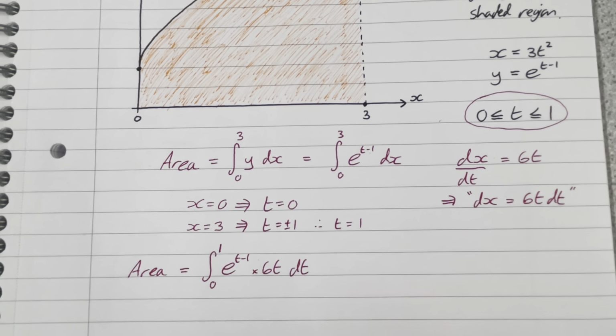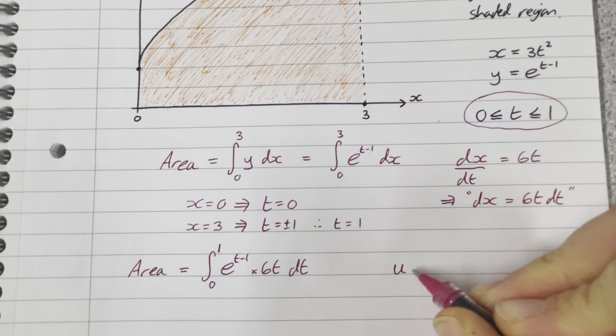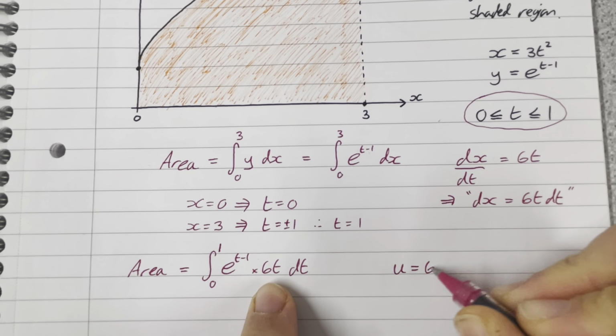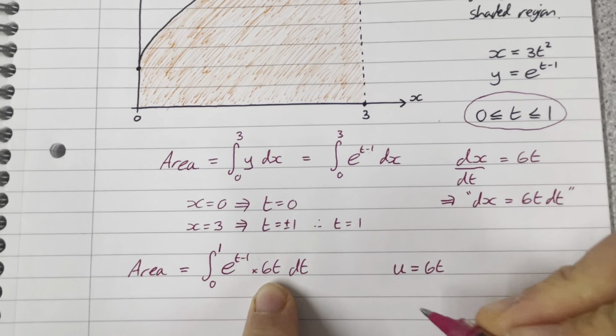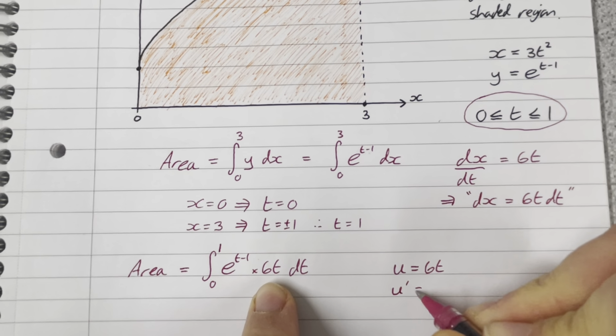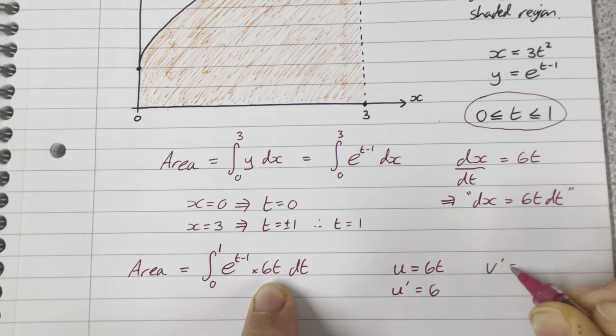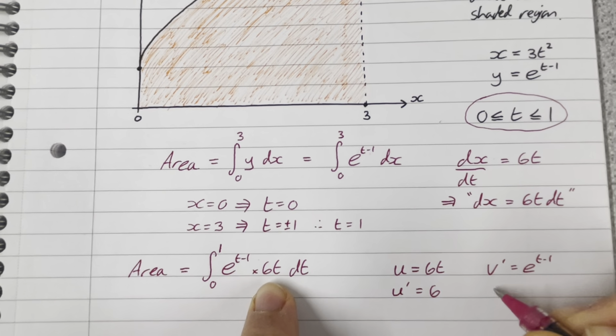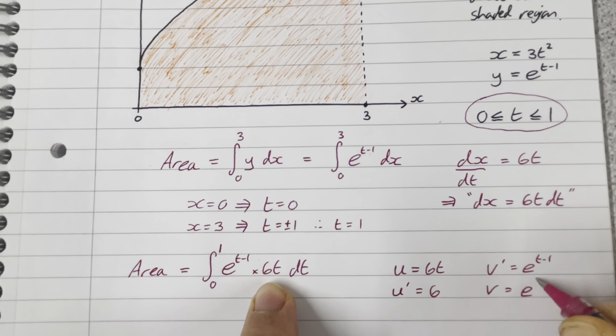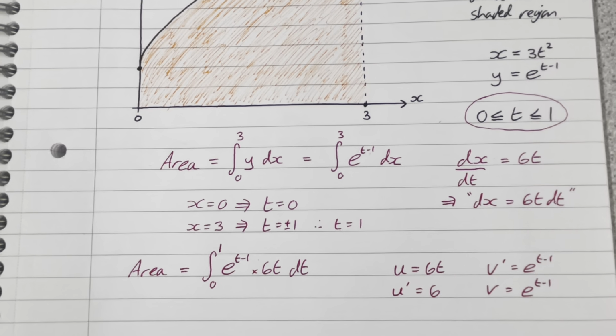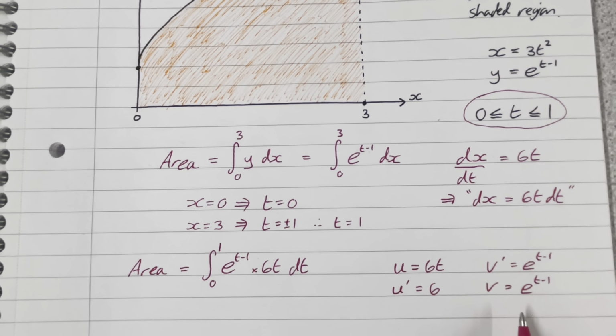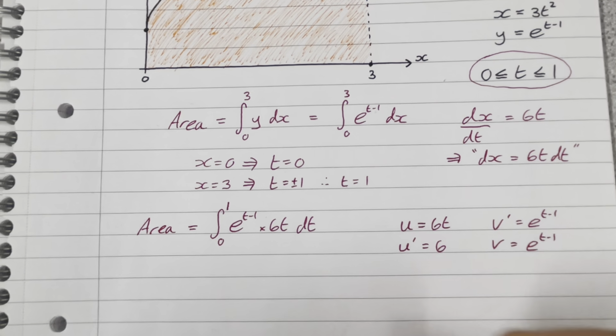So to integrate this, we're going to need to use integration by parts. So u is going to be 6t. Okay, if you follow the LATE rule, check out my previous video for what I'm doing here. u prime is 6. v prime then is e to the t minus 1. And v is also e to the t minus 1. And we're going to use these definitions in our integration by parts formula.